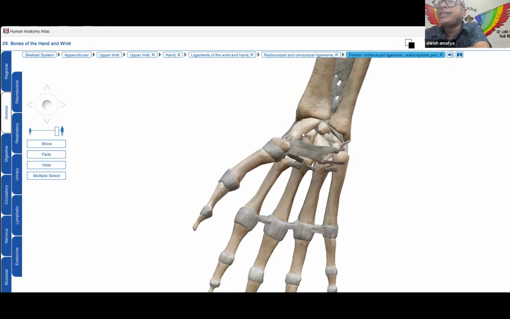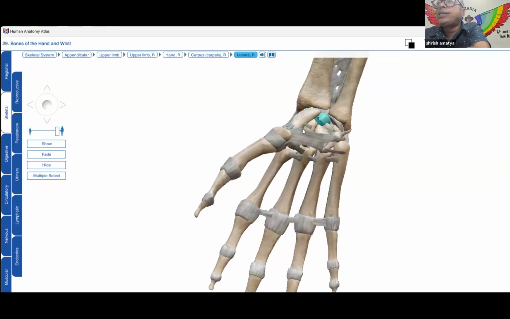This wrist joint is actually formed by the distal end of the radius articulating with the proximal row of the carpal bones, not the entire proximal row, but it articulates with the scaphoid. There is one mnemonic: she looks too pretty, try to catch her. This is the mnemonic for the carpal bones, starting from the radial side.